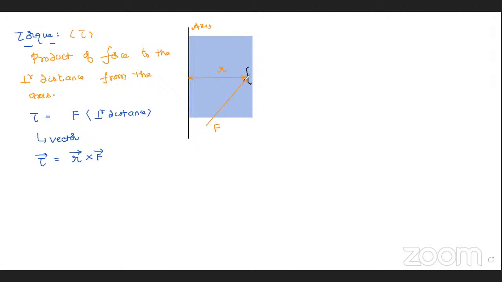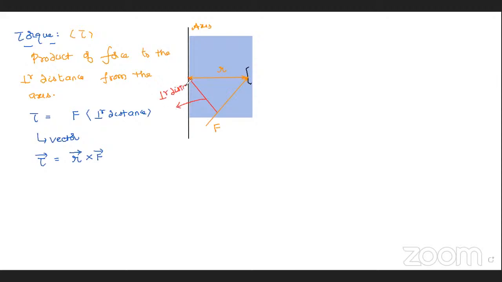Here, the problem is, if you apply the force perpendicular to the door, exactly whatever value is given on the board is the perpendicular distance. But if you hold the handle making some angle when you apply the force, then the given R is not the perpendicular distance. Then I have to drop a perpendicular from the axis to the line of action of the force. That perpendicular will be the perpendicular distance.